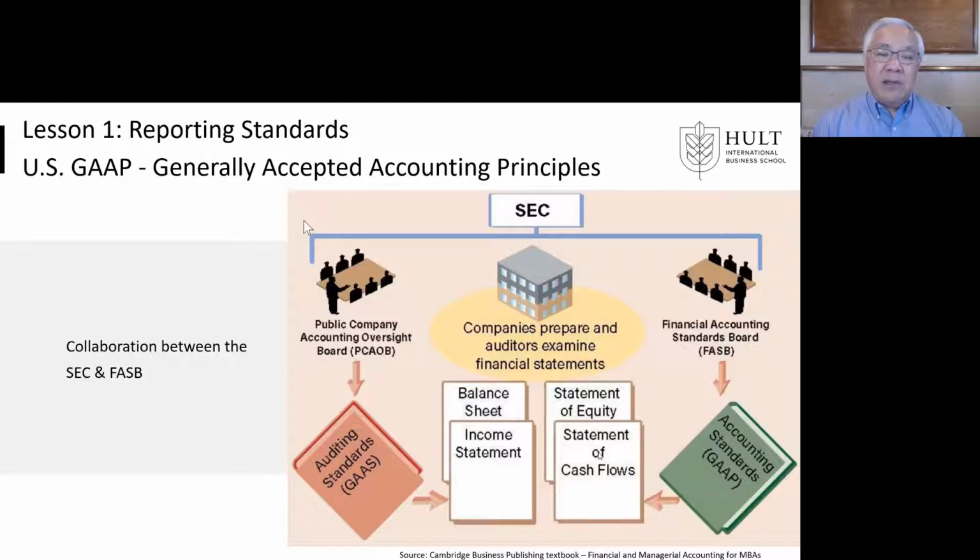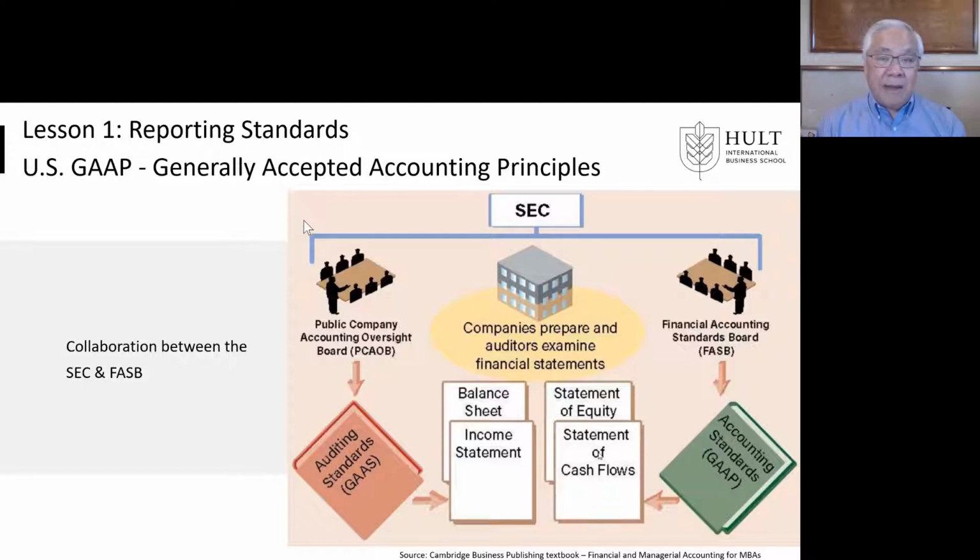The PCAOB looks at internal control processes and guards against companies that have faulty reporting and faulty systems for assurance of integrity in financial reporting. The audit community creates their own set of standards, generally accepted auditing standards, which are the rules and processes that are used by auditors as they examine the statements.